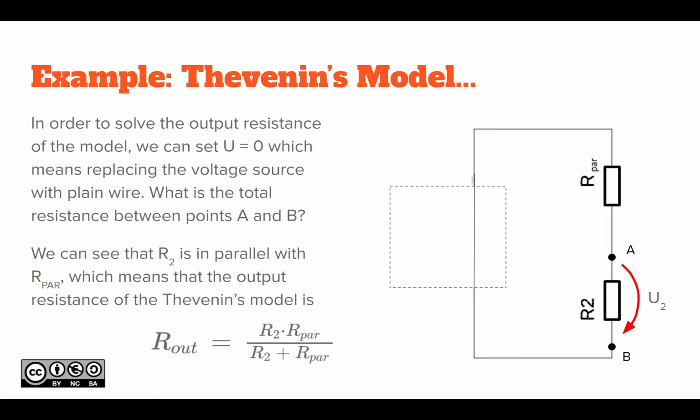Okay, so we can see that R2 is parallel with R bar. Why?